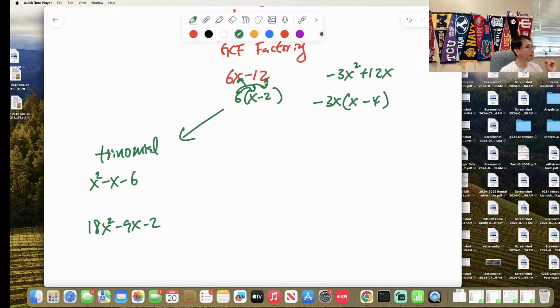You can? You want to give it a try? Ben? You should multiply 18, since the first coefficient is 18, times negative 2, and then make it negative 36.